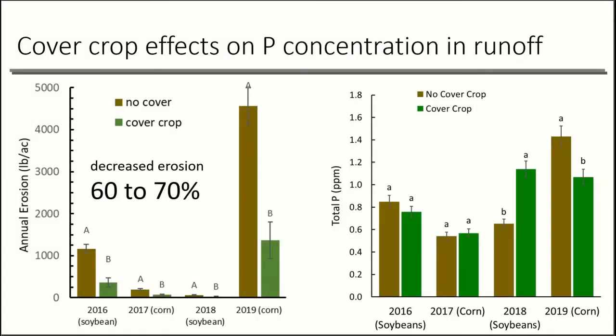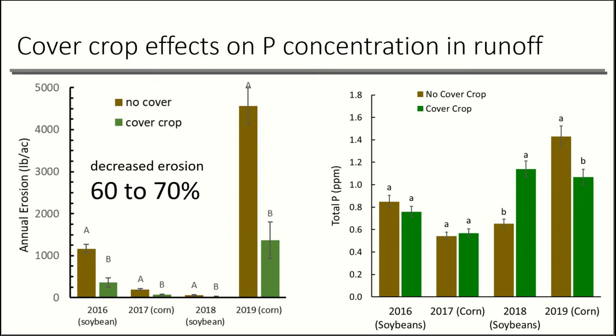Now, generally with lower erosion, right, 60 to 70% less erosion, we would have expected lower phosphorus concentrations in that runoff, right? But instead we saw that total phosphorus concentrations were about the same for 2 years, and then 1 year we had an increase in total phosphorus concentration in 2018, then 2019 a decrease.